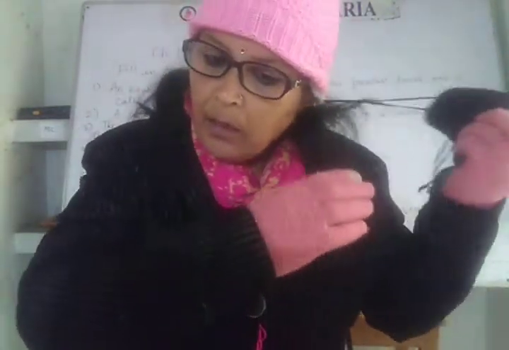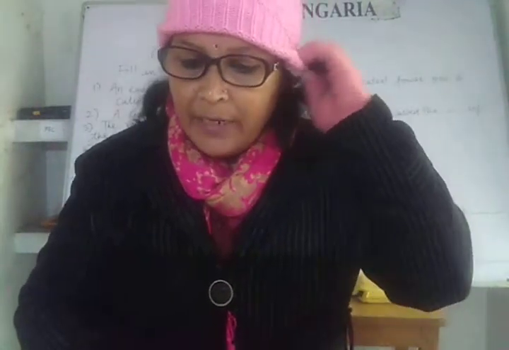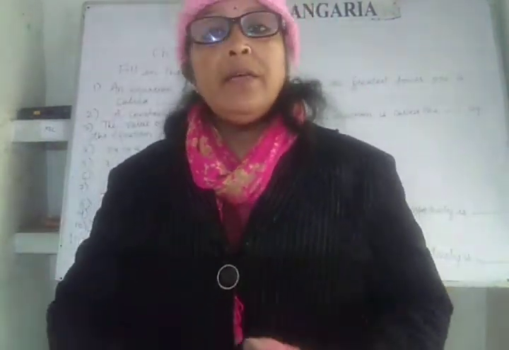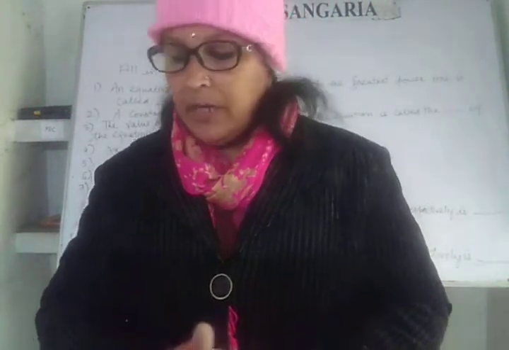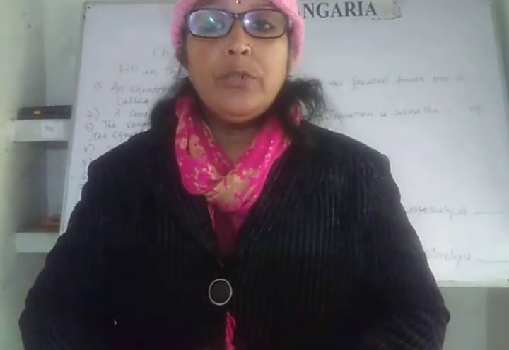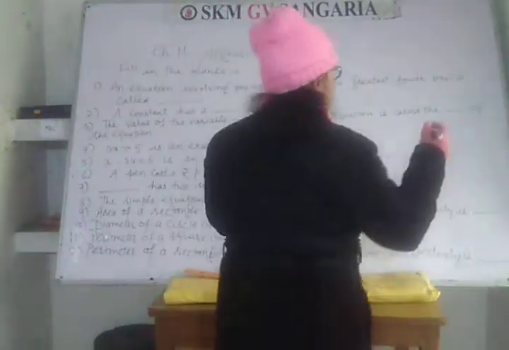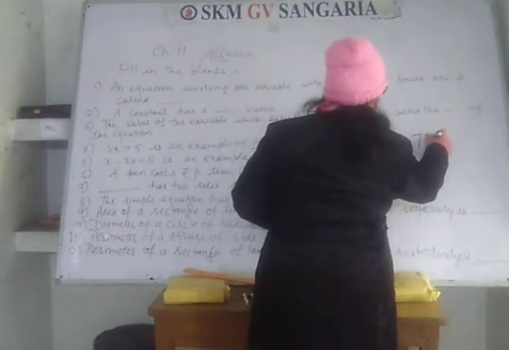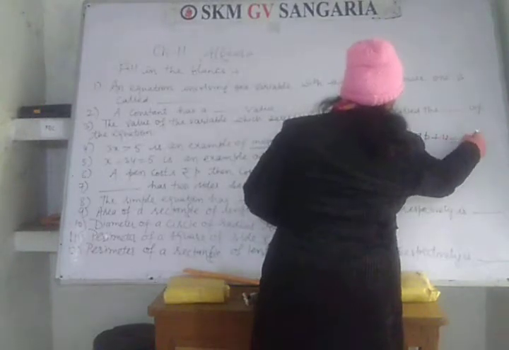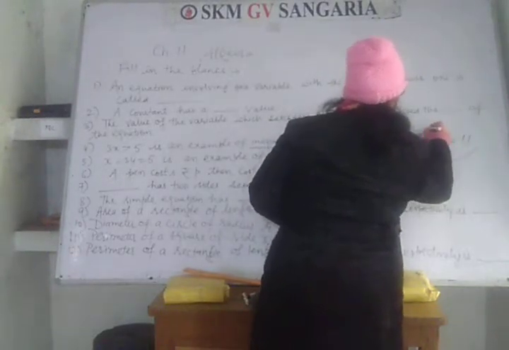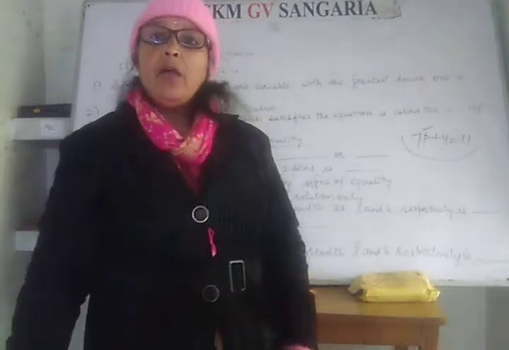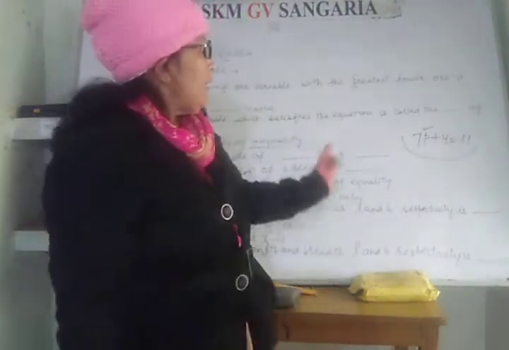And then, using variables and constants, we can have various expressions. We can make various expressions using variables, like 7p plus 4 is equal to 11. So here p is what? p is a variable.